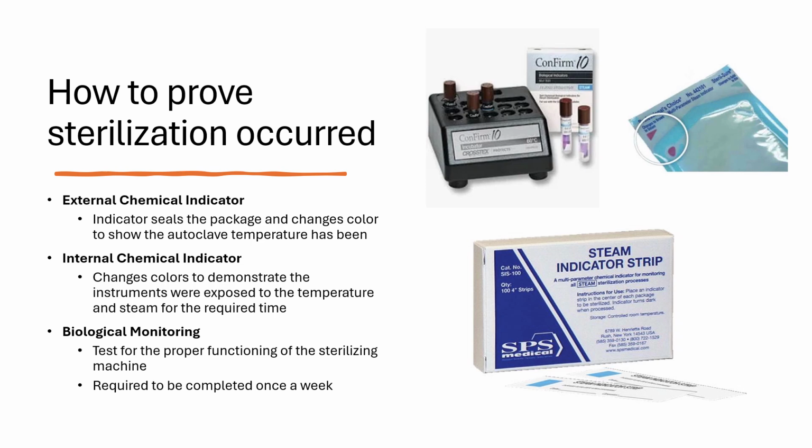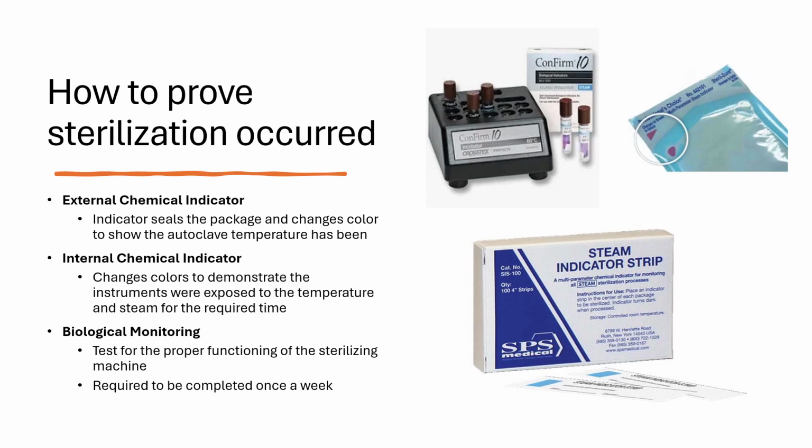That means that this particular set of instruments were placed in the autoclave and they reached the desired temperature. Okay? If it is the same color as you see in this picture, don't use it. That means that the instruments are not sterilized and they cannot be used on a patient.